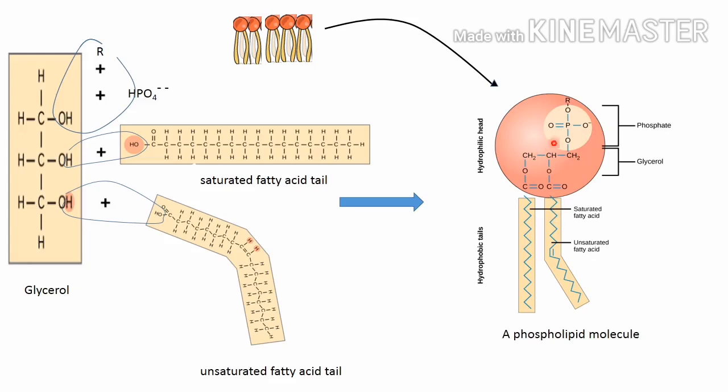And here we can see this is a phosphate, and an R group is also attached, and this total makes it hydrophilic, that is, attracted towards the water. So a phospholipid molecule has a hydrophilic head, and these two fatty acid chains without any charge are known as hydrophobic tails.